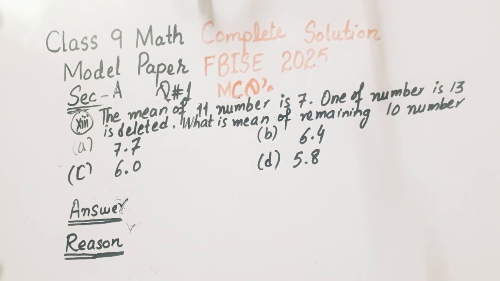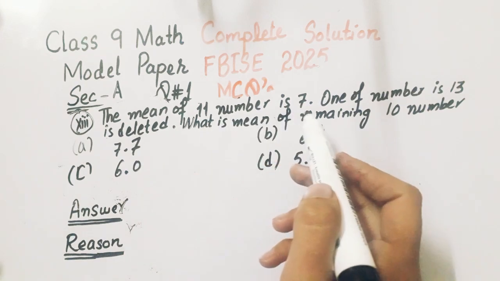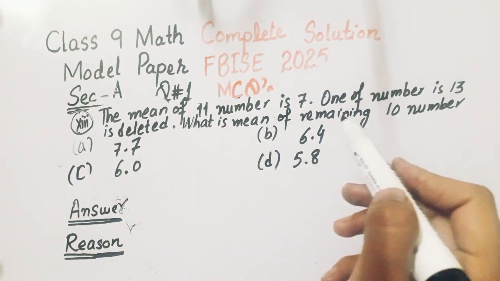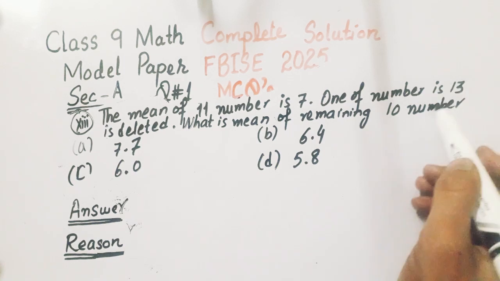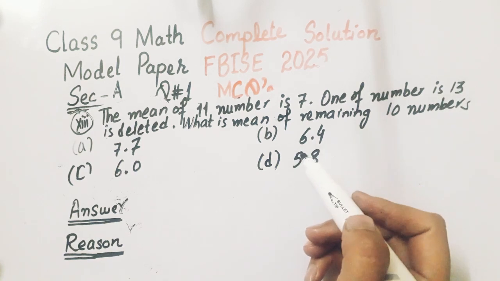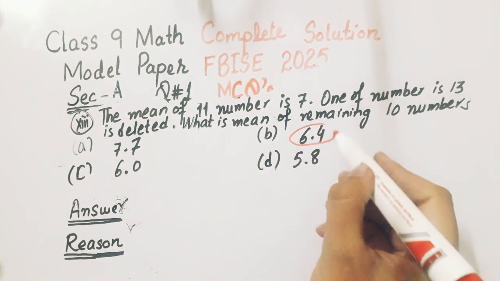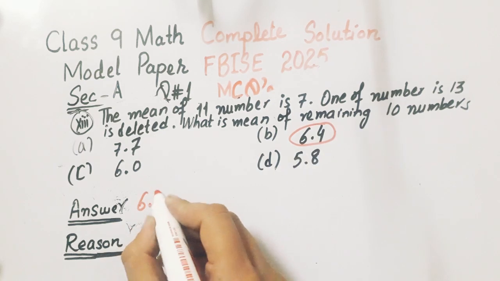Now the next MCQ is: the mean of 11 numbers is 7, and one of the numbers, 13, is deleted. What is the mean of the remaining 10 numbers? We have to find it; the correct option is 6.4. We will circle this and write the answer.